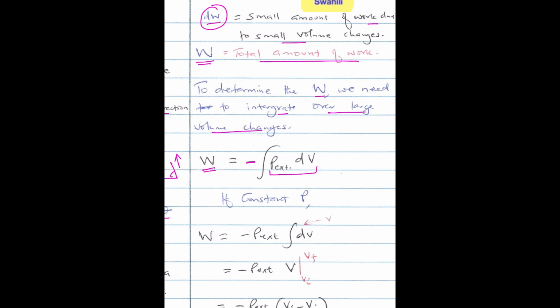Now, if this work is being done under constant pressure, that means P is not changing, P is a constant, then in that case, you move P outside the integral, because if the pressure is constant, then it doesn't vary with volume. So you move it out, and now you can measure the total amount of work done with respect to change in volume.